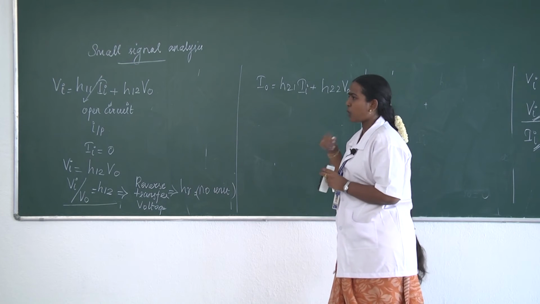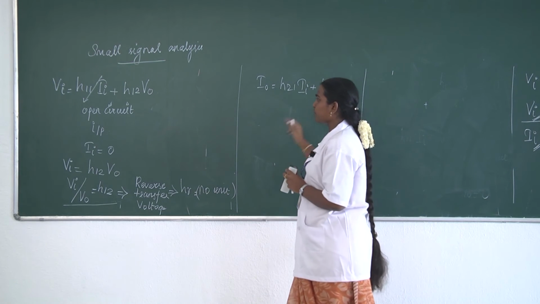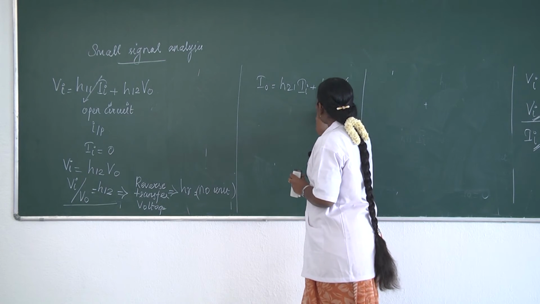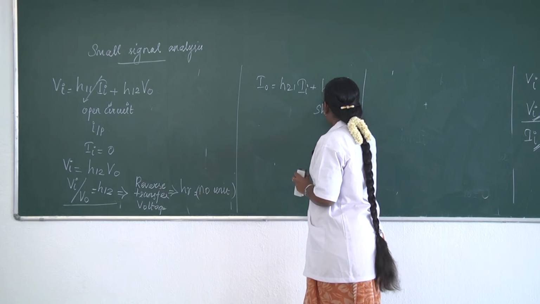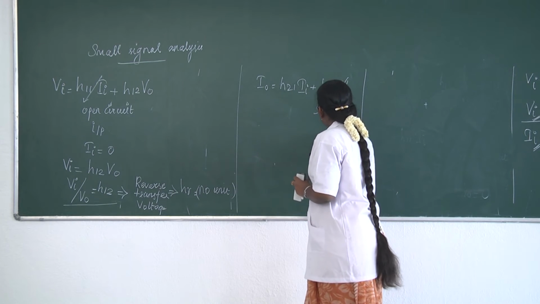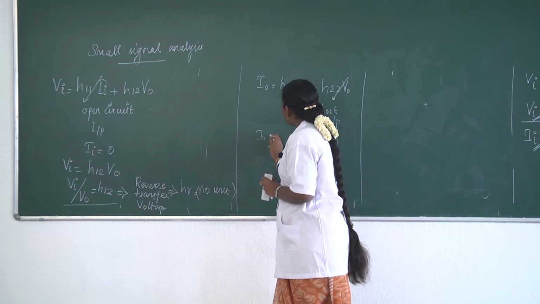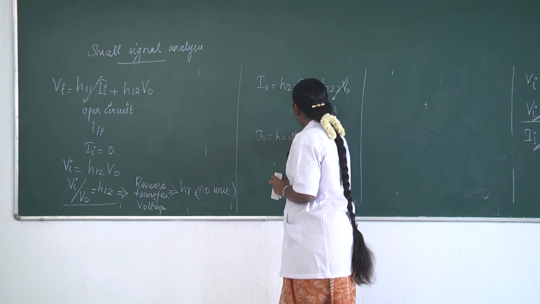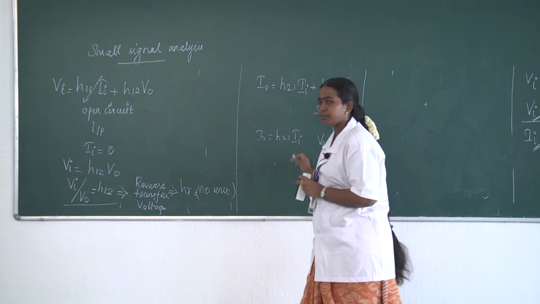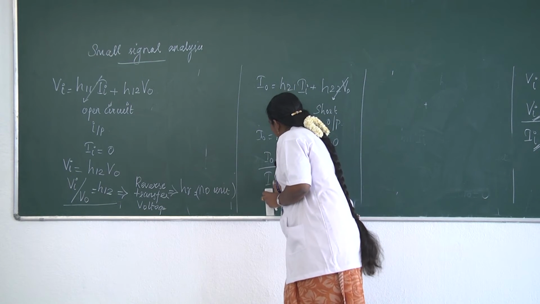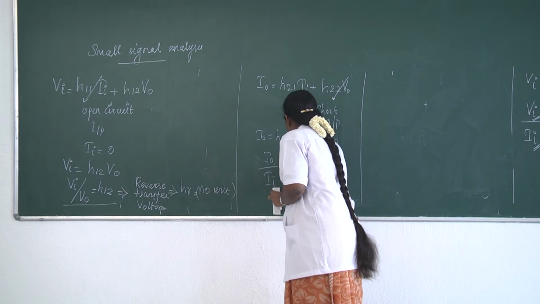So similarly what we did in the first equation, we are going to do the same thing here also. So first thing is we are going to short the output. So Vo will be equal to 0. So the equation is Io is equal to H21 into Ii. In the next step the equation will become Io divided by Ii, which is equal to H21.